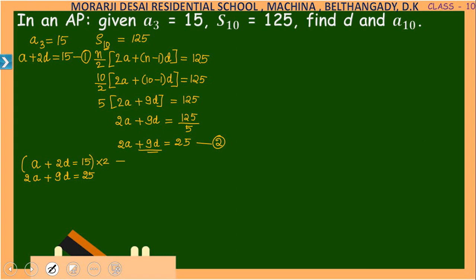You have to multiply all the terms, so that the first equation becomes 2a plus 2 into 2d, that is 4d, is equal to 2 15s are 30. Now the second equation, we didn't multiply by any number, so write it as it is.